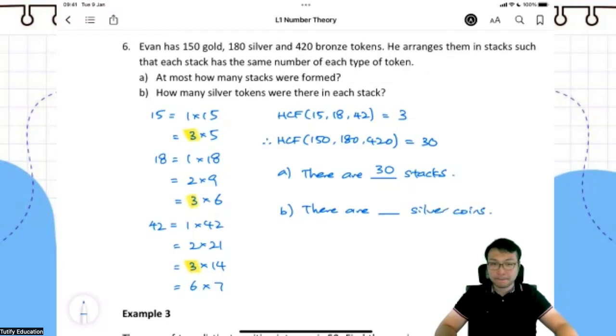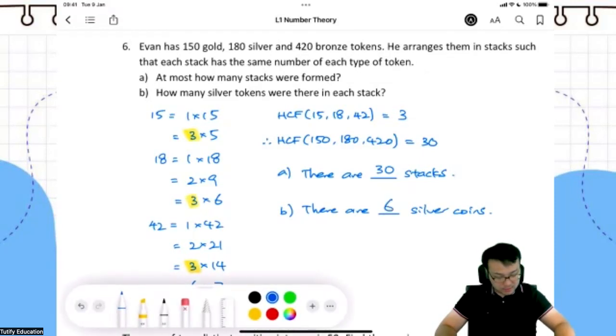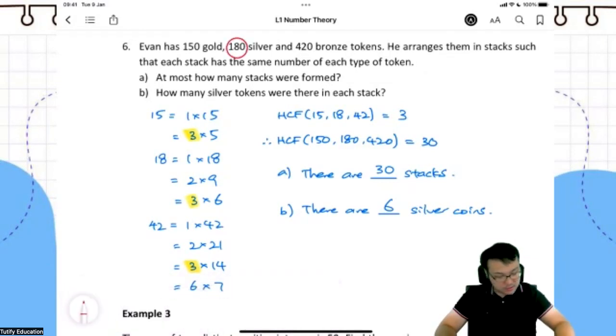There are 6. Yes, the answer is right in front of us because there's 180 silver coins. So you go to the number 18, right? The number 18, you can see that it is 3 times 6, or you want to say 30 times 6 is 180. So there will be 6 silver coins. Well done, Kate. Good job.